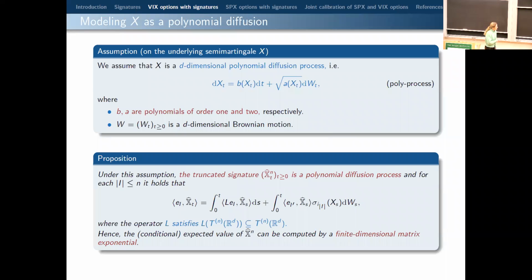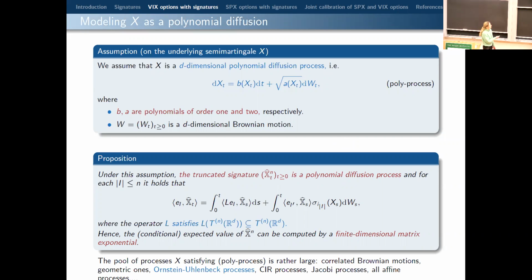It means you have here an operator that maps the truncated tensor algebra again into the truncated tensor algebra, and this means that I can compute the expected truncated signature with a finite-dimensional matrix exponential, because it solves a linear ODE. This is nice, and that's what we use.